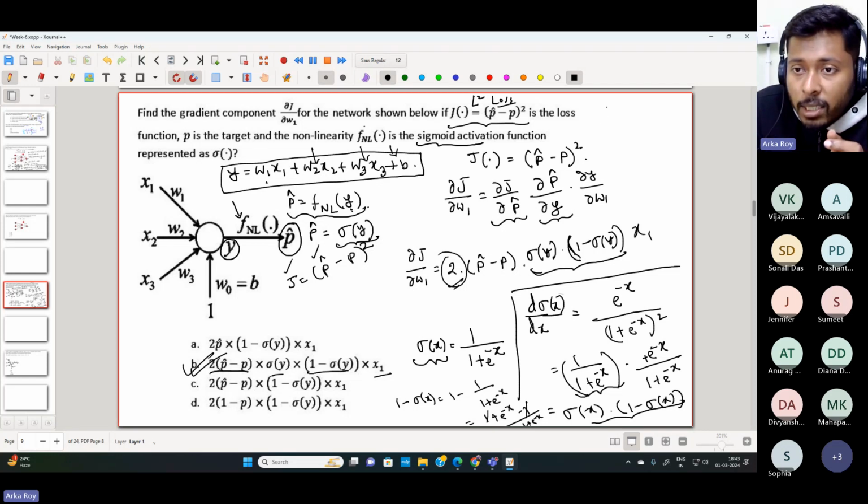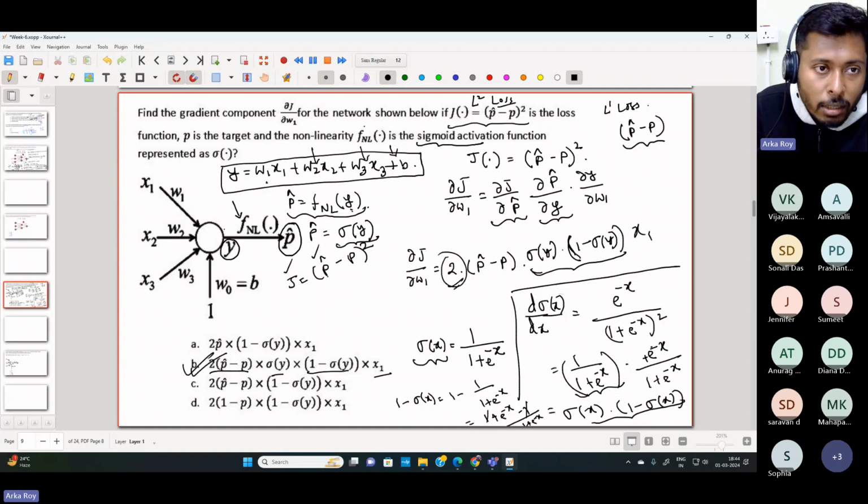That is basically an L1 loss. So they can write p hat minus p as well. So they can put anything and then they will change this, and you have to calculate the derivatives accordingly. So as far as the question is concerned, they can put anything in the question.